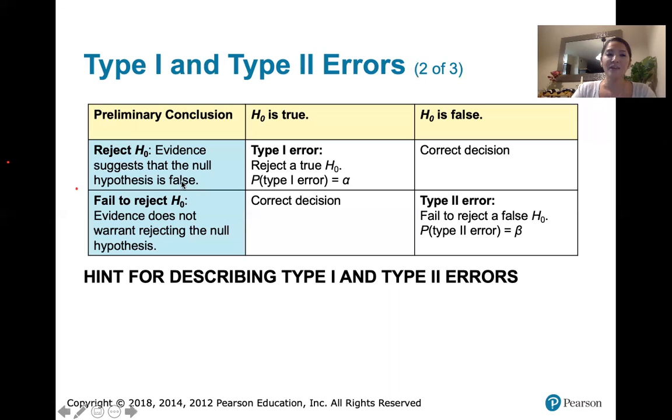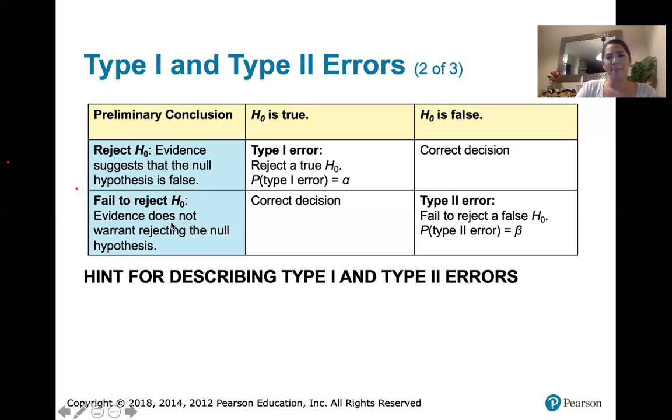Or maybe evidence suggests that we shouldn't reject the null. We look at the sample statistic and it looks sort of typical given the null hypothesis. And so we can't say anything about the null. We say, well, this could easily happen due to chance, and we can't accept that it's true, but there's not enough evidence to say that it's not true. So we're going to fail to reject the null.